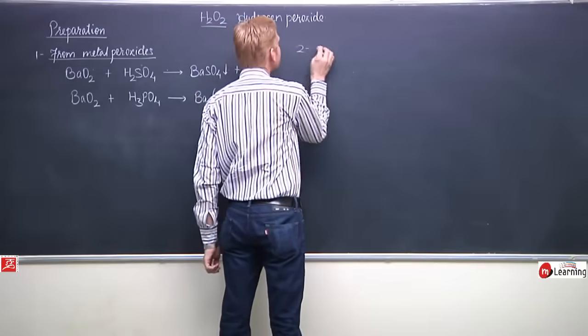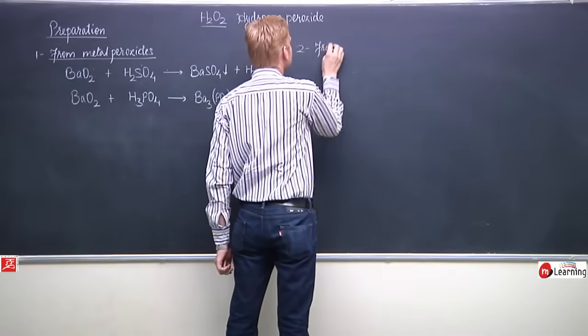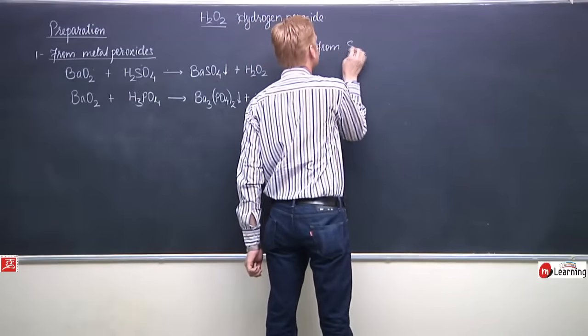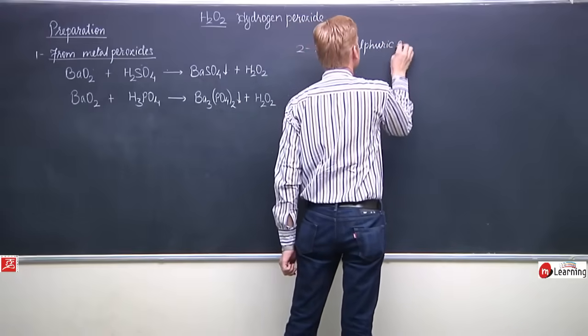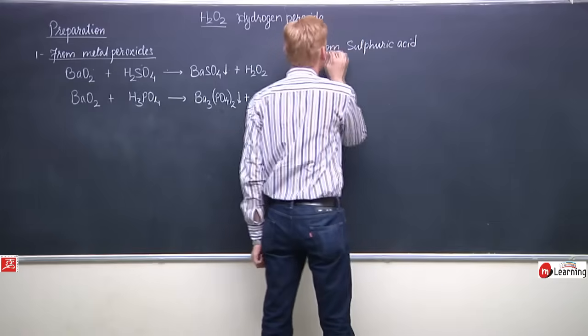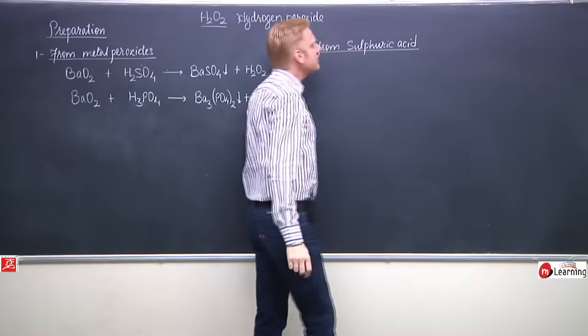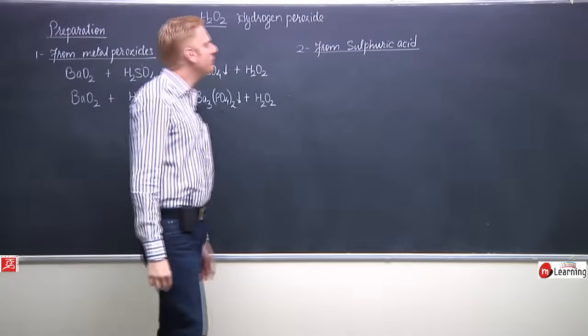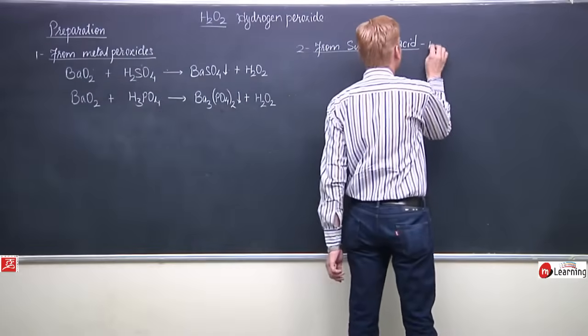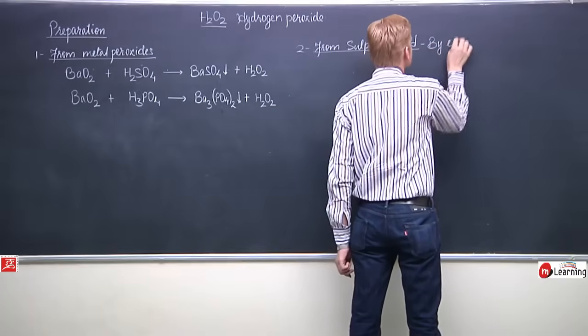Now I come to the second method, that is from sulfuric acid. This is a good method, where hydrogen peroxide can be obtained by the electrolysis process.